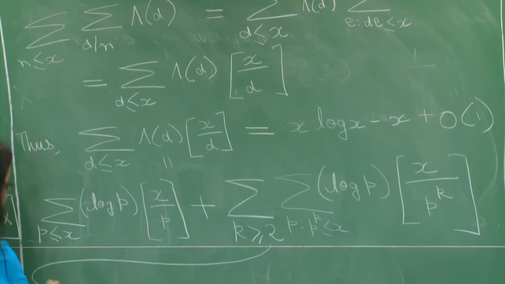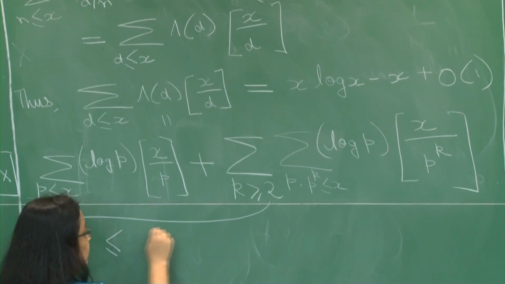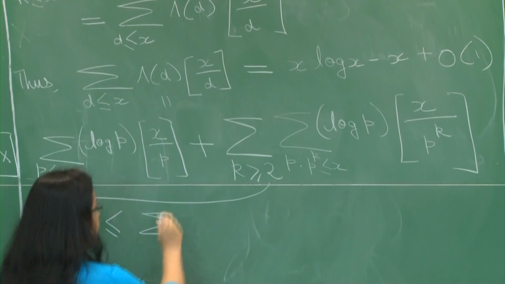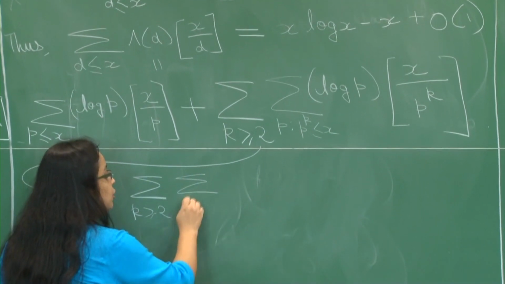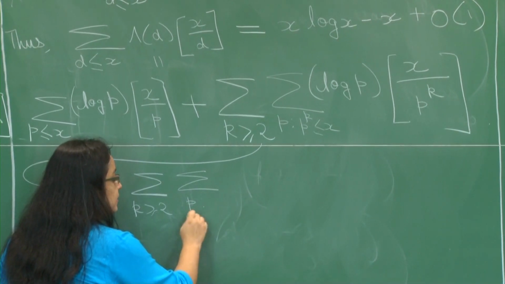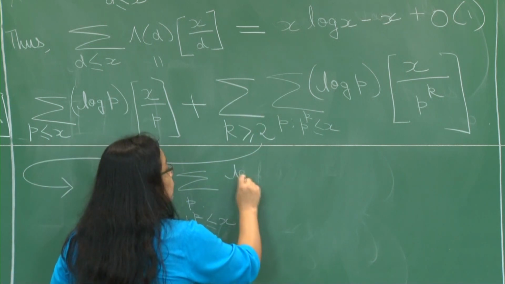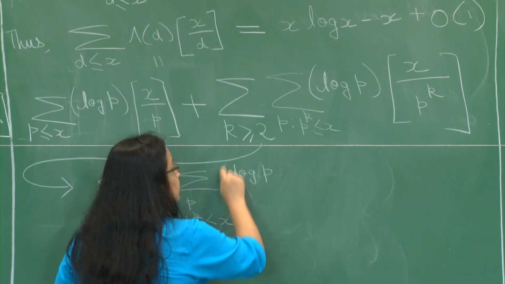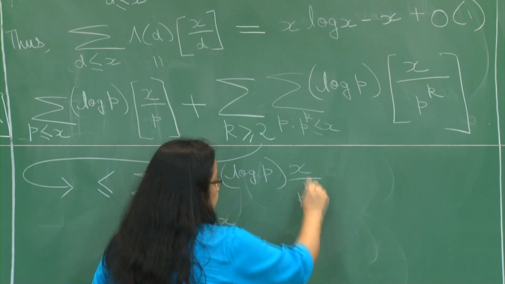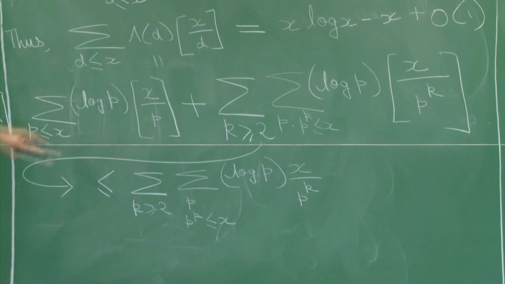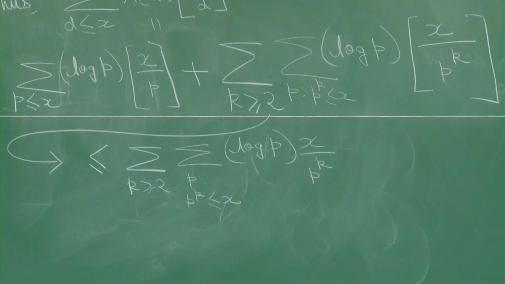This term here is less than or equal to summation k greater than or equal to 2 summation over all the primes such that p to the k is less than or equal to x, log p times x over p raised to the k. The greatest integer is always less than or equal to x by p to the k. Now, I take x out and then what are you left inside?